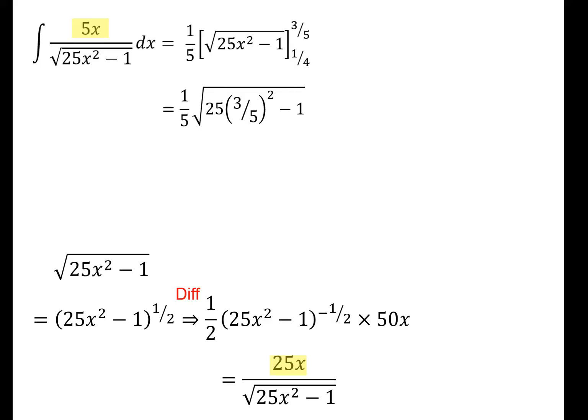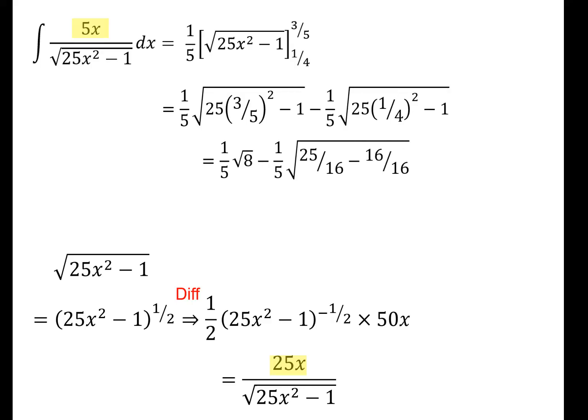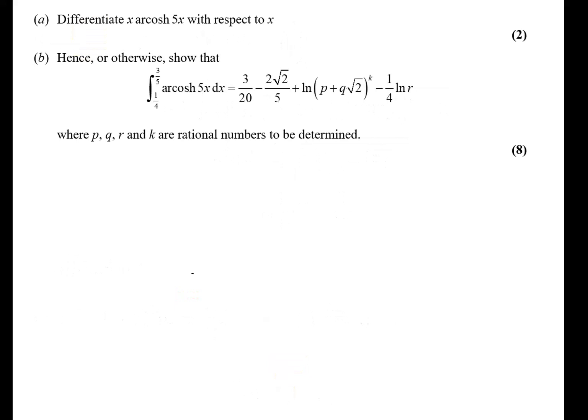I'm going to now stick the limits in. So 25 times 3/5 squared minus 1, square rooted, put a quarter in, and then that first one gives me root 8 over 5 because I've got 9 minus 1, and then I've got 25 over 16 minus 16 over 16, which is 9 over 16, 3/4, and it gives me 2 over 5 root 2 minus 3 over 20.